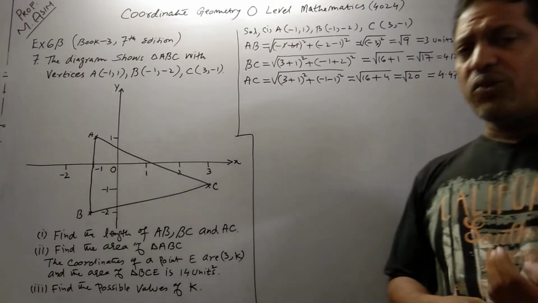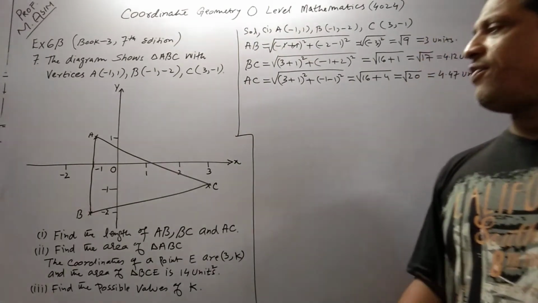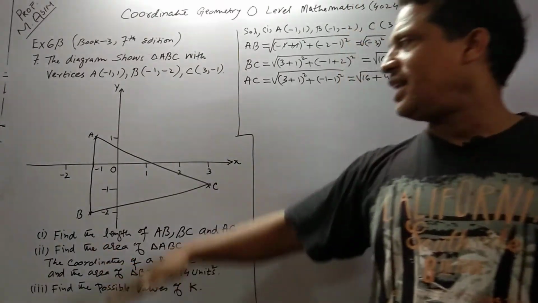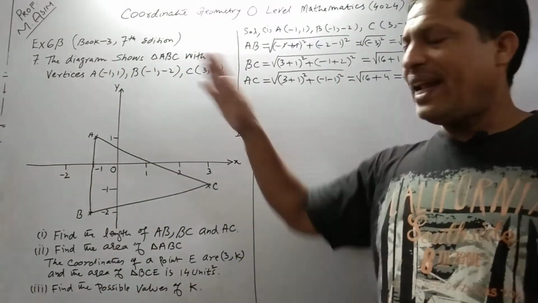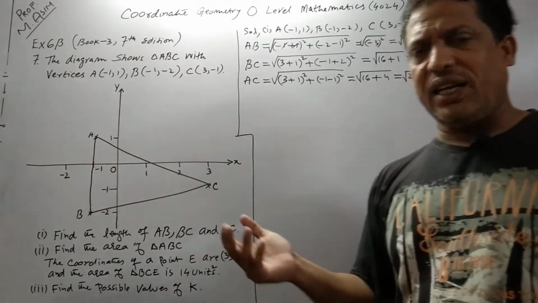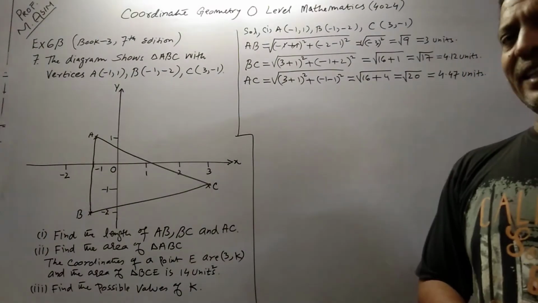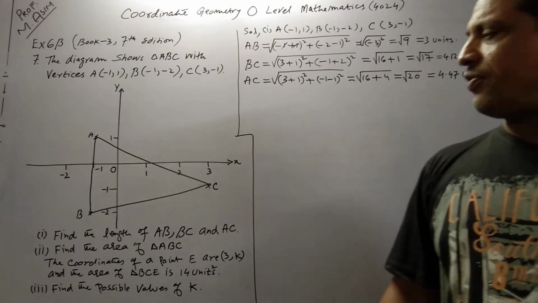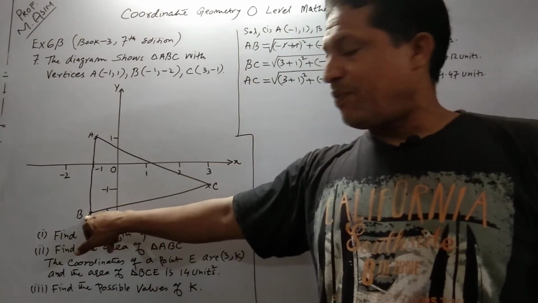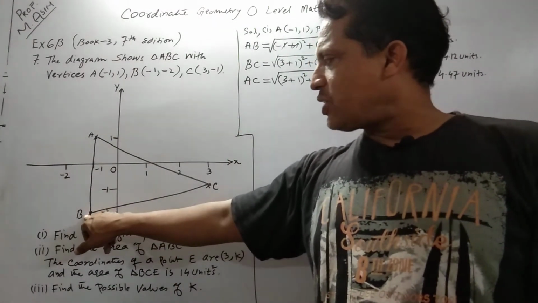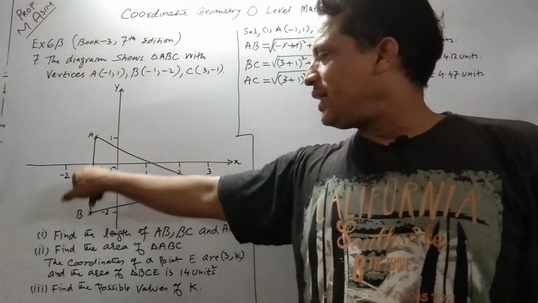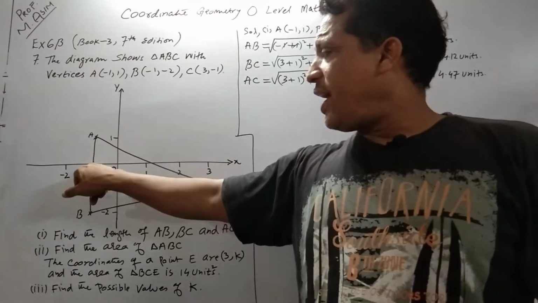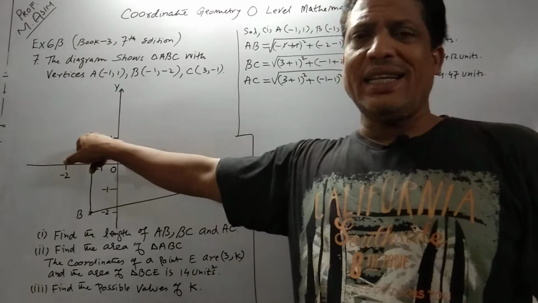But as I told you in the last lecture, if you have a straight line, whether the line is horizontal or vertical, you can find the length without using this formula. How? See carefully. This point is at -2. So from -2 to 0, the distance is 2, and from 0 to 1, the distance is 1.